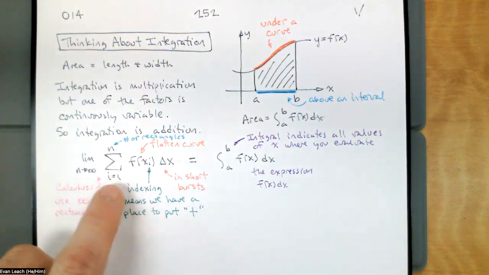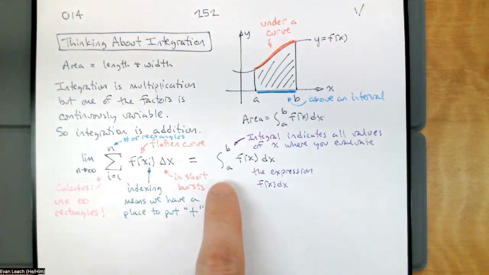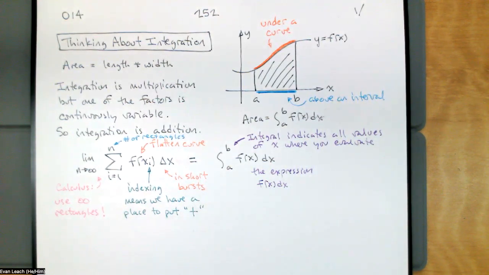So here's our discrete number of rectangles, and here's our continuum that we're plugging into the expression f of x dx.